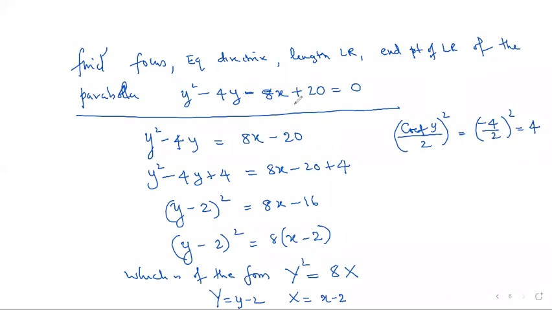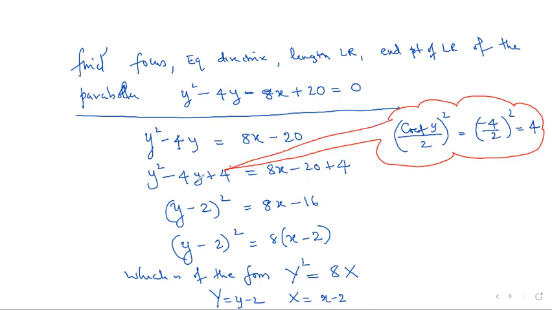So did you understand this calculation? How did this number 4 come? 4 is taken by this method. You took the coefficient of y, minus 4, you divided by 2 and squared it. That will be your b square term, a square minus 2ab plus b square. So whenever we want b, this is the technique: coefficient of y divided by 2 and square it.